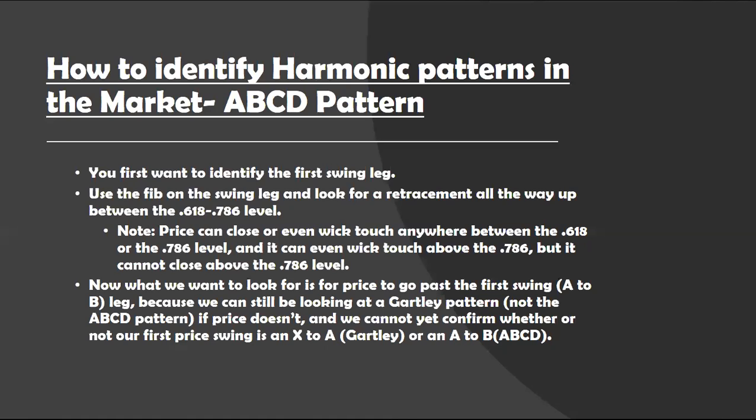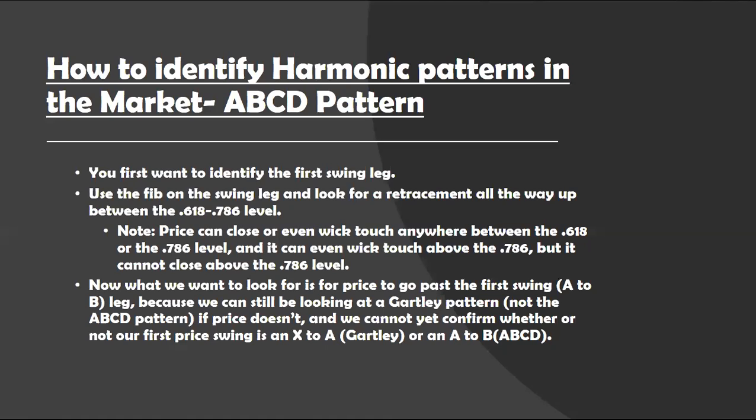So just keep that in mind. That's why when I talk about whether or not price closes above the 0.786 level, I'm really talking about a bullish ABCD pattern. Don't worry, guys, don't get too caught up in the words and the numbers. We'll get this situated and cleared up.